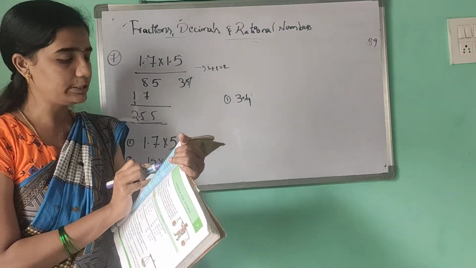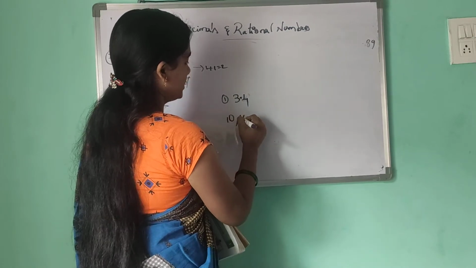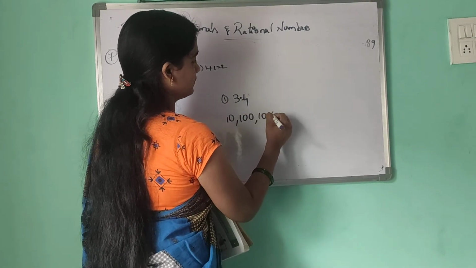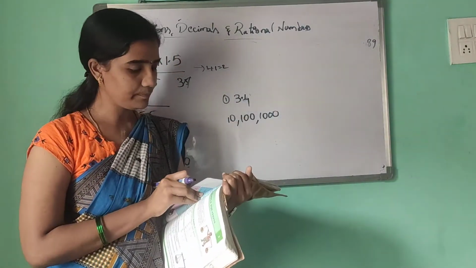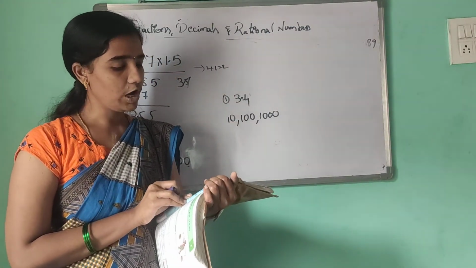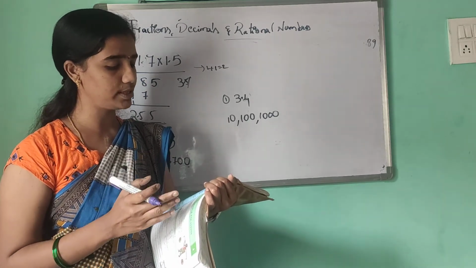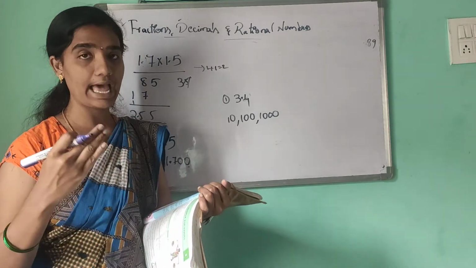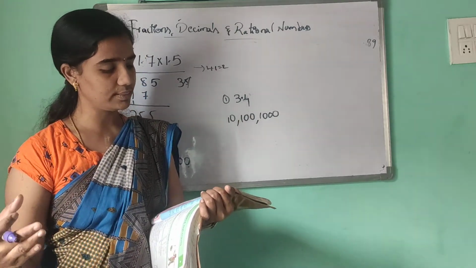So the decimal number multiplied by 10, 100, 1000. This given number is multiplied by 100. We move the decimal point in the number to the right by as many places as the zeros in the number.